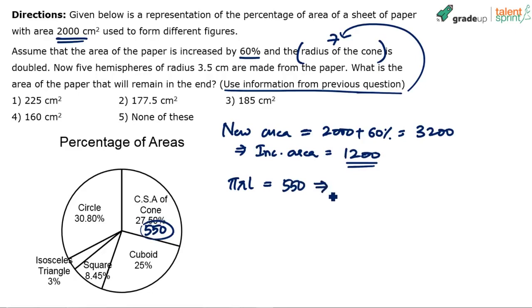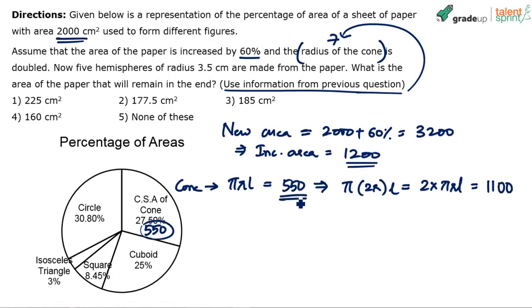But when the radius is doubled, the area requirement will also double. You are able to follow. For the cone, the requirement was pi RL, which was 550 in the initial case. But now the radius is doubled. In fact, this radius is not required. I mean, we know that this is 550. Now what happened? The radius becomes pi times of 2R into L. So it is twice of pi RL, which means 1100.